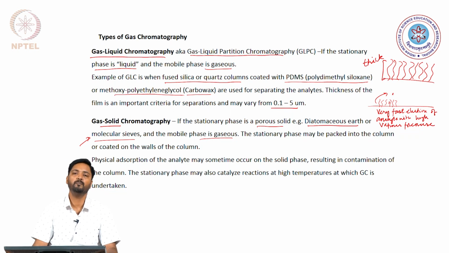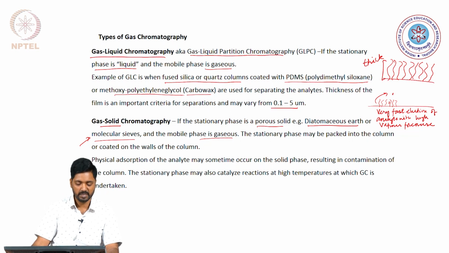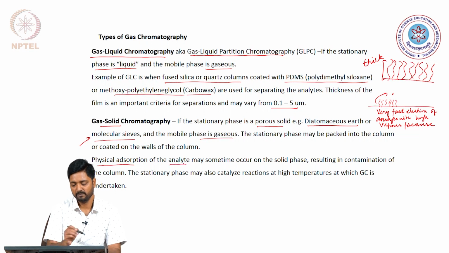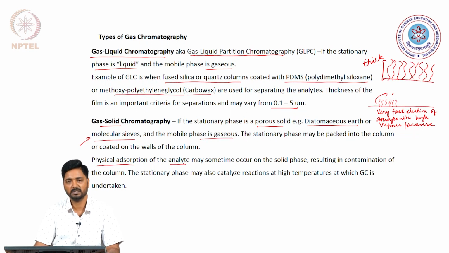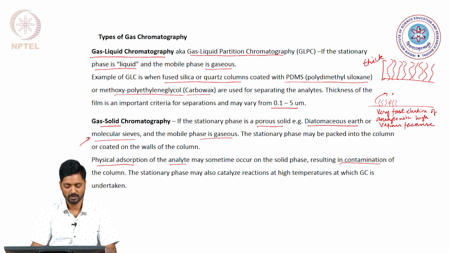A major challenge or limitation while using gas solid chromatography has been that often these porous materials physically absorb the analyte onto them, and as a result the columns undergo contamination after repeated use, and they will no longer be able to give the requisite resolutions as time progresses.